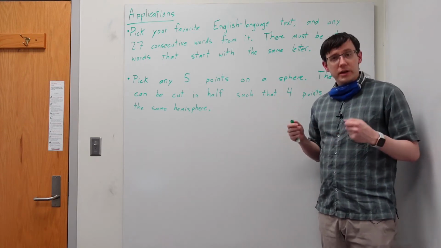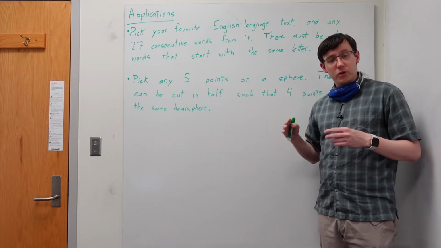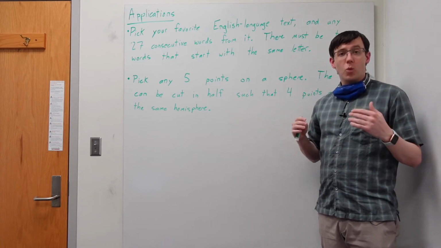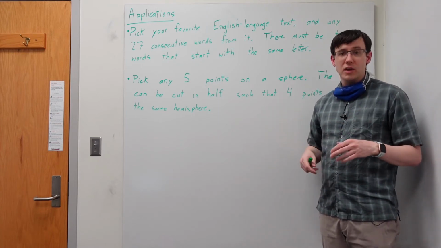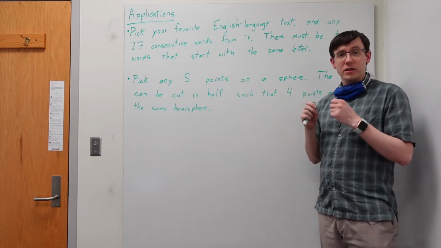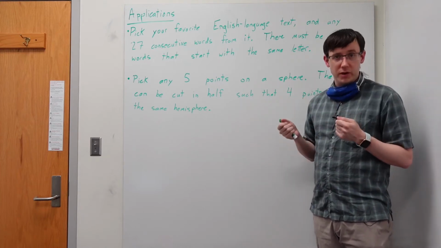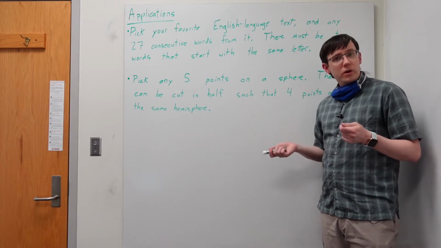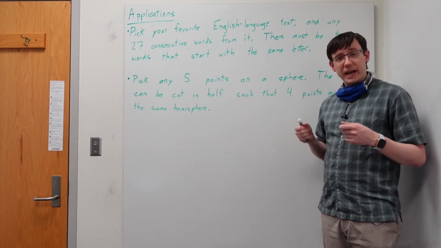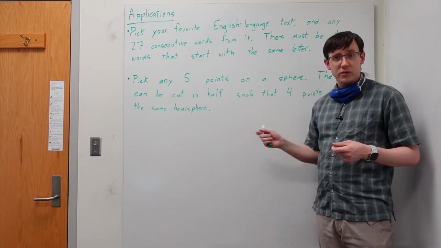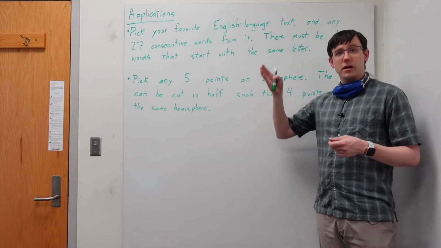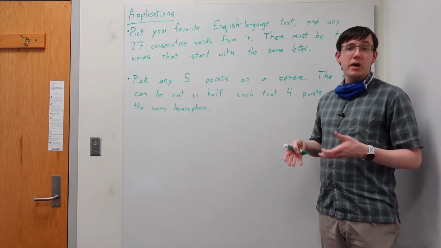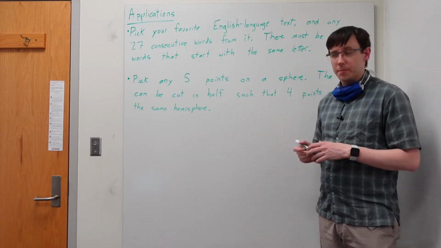The key here is that you can cut the sphere directly on one or more of the points, and then that point is on both hemispheres. This works because we can start by choosing any 2 of the 5 points to lie on the plane that we will use to cut the sphere in half.